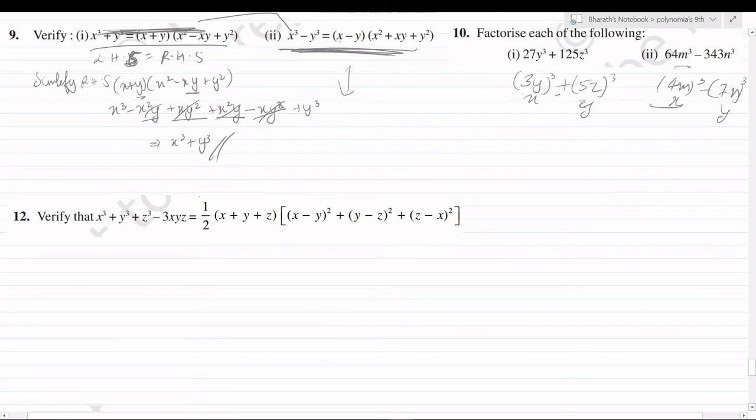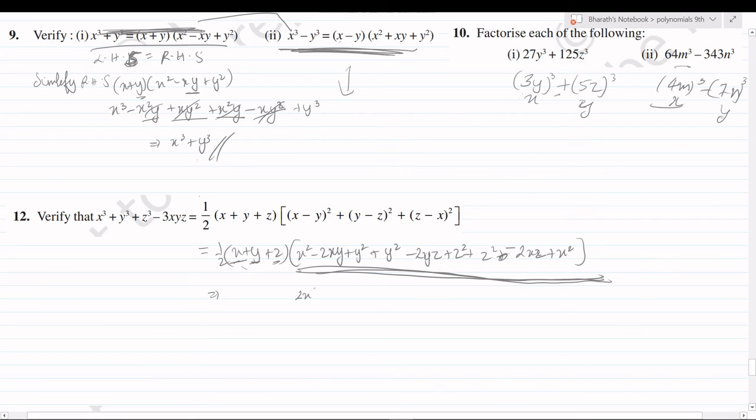Same thing here, x cube plus y cube plus z cube minus 3xyz is equal to half. Substitute half times x plus y plus z. This is kind of lengthy, but you have to do x square minus 2xy plus y square, plus y square minus 2yz plus z square, plus z square minus 2xz plus x square.